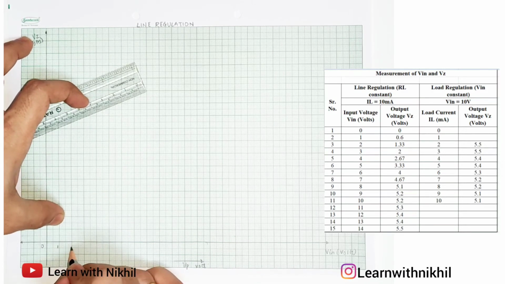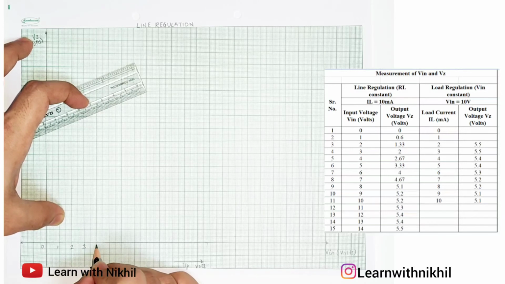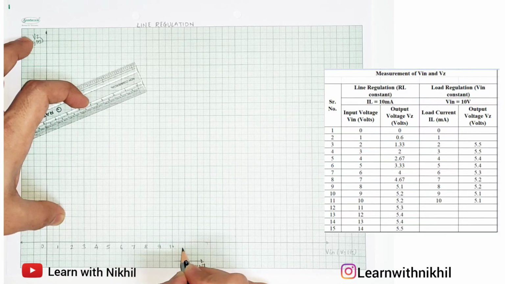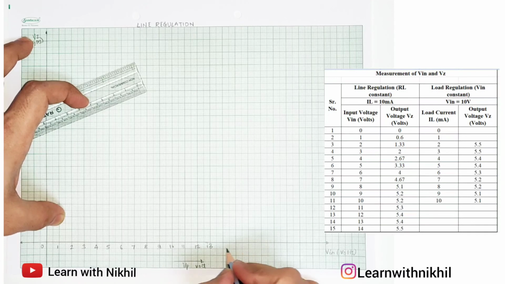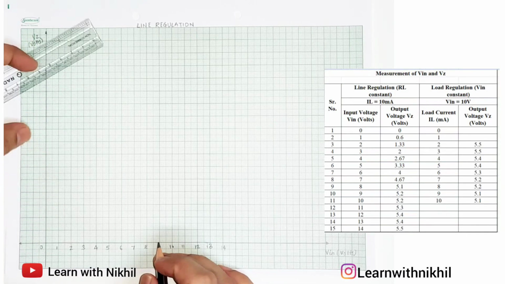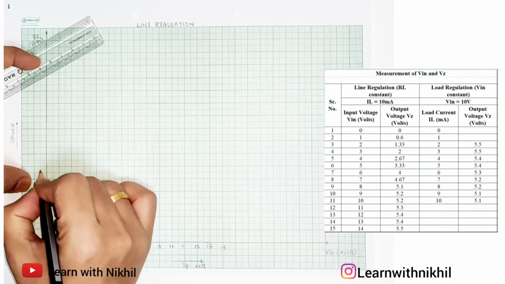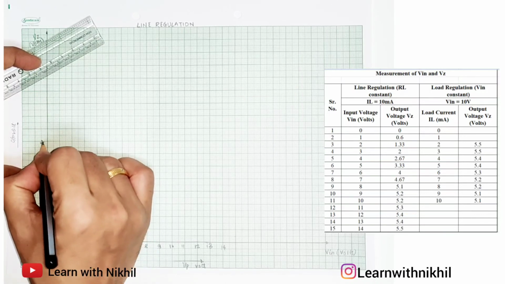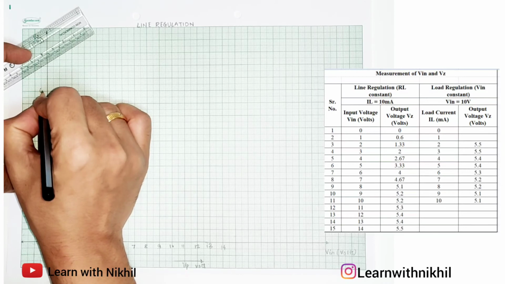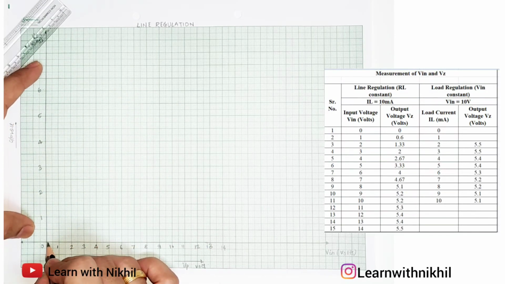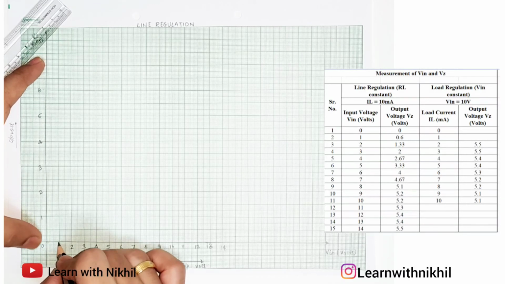Now on the x-axis we'll mark the points from 0 to 14, with a distance of 1 centimeter, and 14 is the last one. And on the y-axis with a distance of 2 centimeter, we'll mark the points as 1, 2, 3, 4, 5 and 6. Now we have to start plotting the points. For 0 it is 0, for 1 it is 0.6.